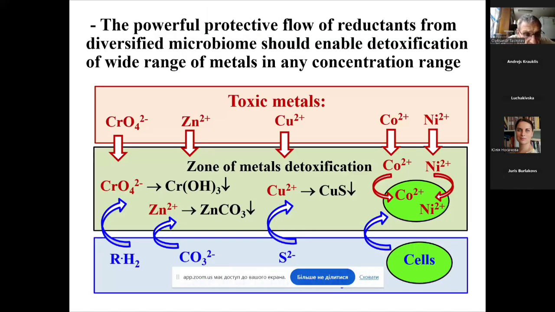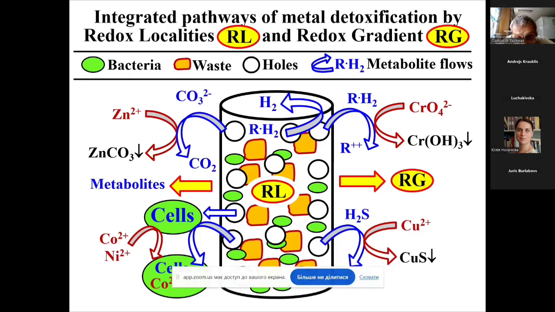And here you can see the reductive process of chromate precipitation, then precipitation of copper 2 cations due to the synthesis of hydrogen sulfide, precipitation of tin cations by the biological origin carbon dioxide, and so on. And finally, you can see the total model of without contact detoxicative processes of metals precipitation.